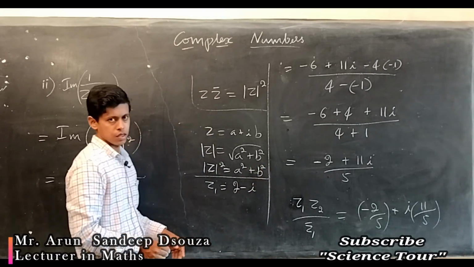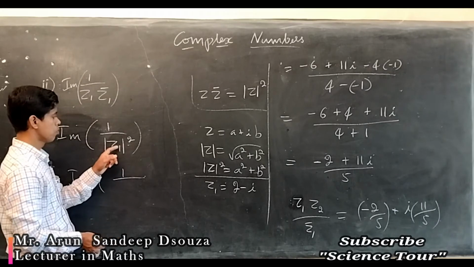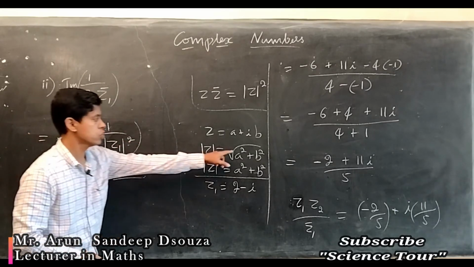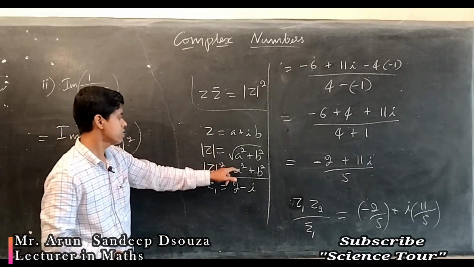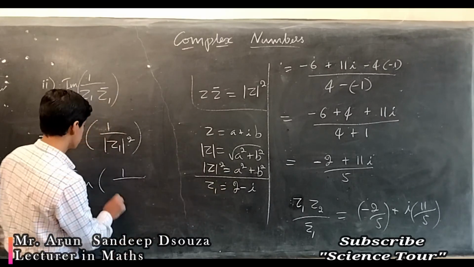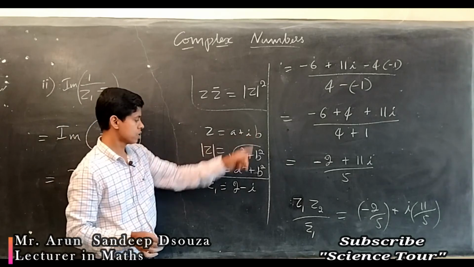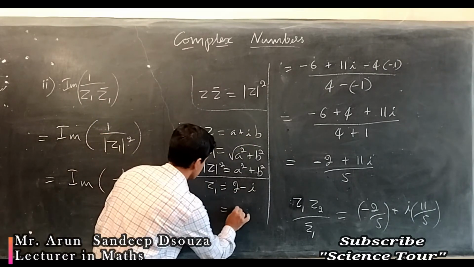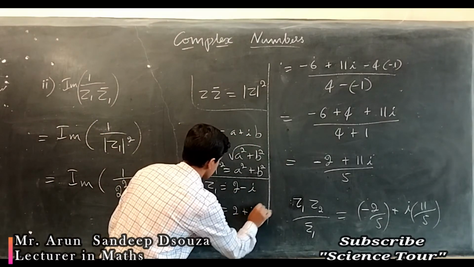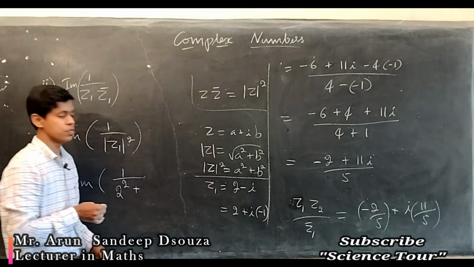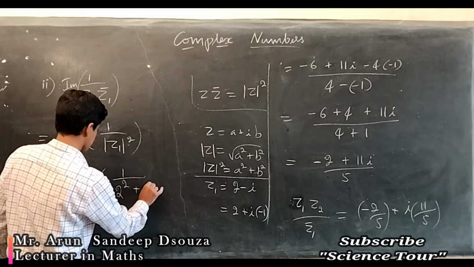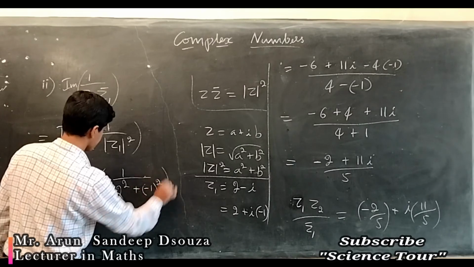Okay. So now I need mod square, so the square root is not required. In place of a, what is there? 2 is there. So 2 square plus, in place of b, minus 1. So this is actually 2 plus i into minus 1. So b is minus 1. So this is minus 1 square.